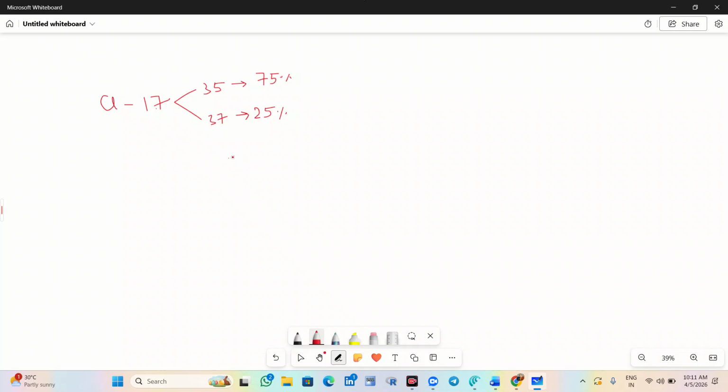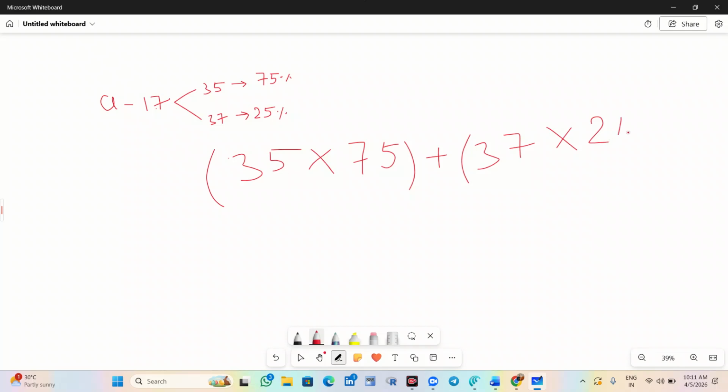So 35 times 75 plus 37 times 25, over 100, meaning divided by 100.